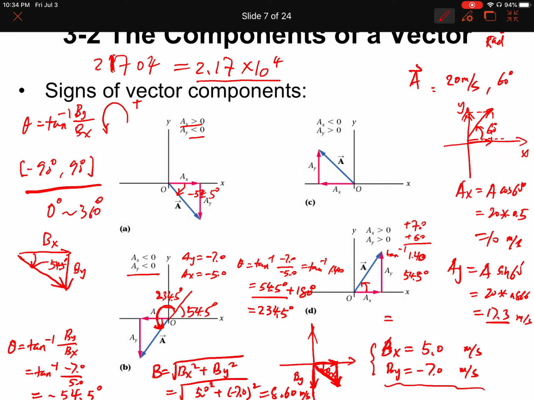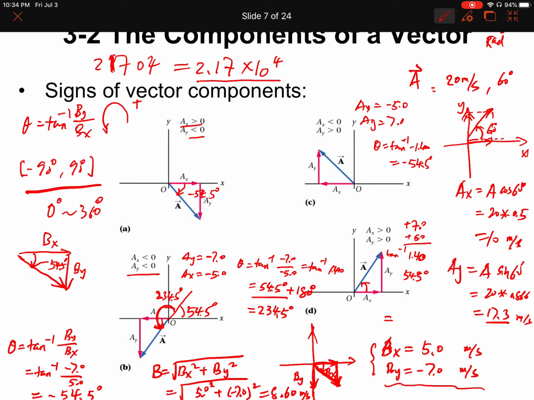In this case, assume AX is negative 5.0, AY equals positive. If you do the inverse tangent function, that is 1.40, and this is negative 54.5 degrees. Then you go back to check the sign.